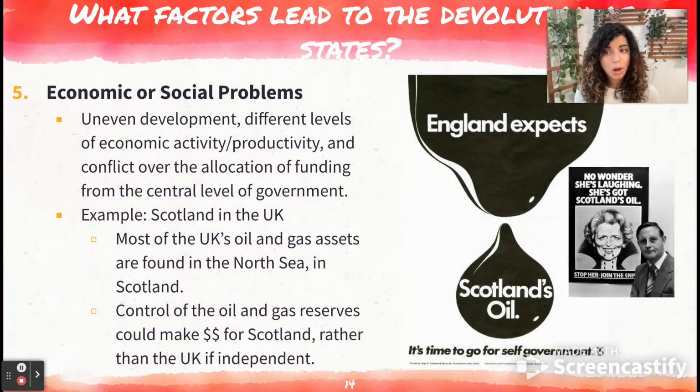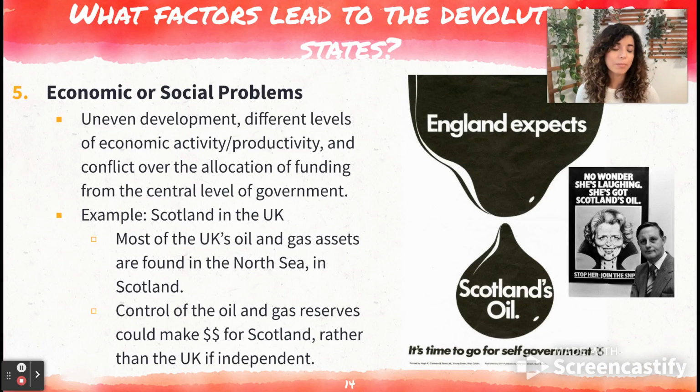Economic and social problems can also lead to devolution. When there's uneven development within a country or different levels of economic activity, that can lead to certain areas having more wealth than others or more development than others. There can be conflict over the allocation of funding from the government. One example is Scotland. They have oil and gas assets in their area, and essentially the UK has control over those assets.